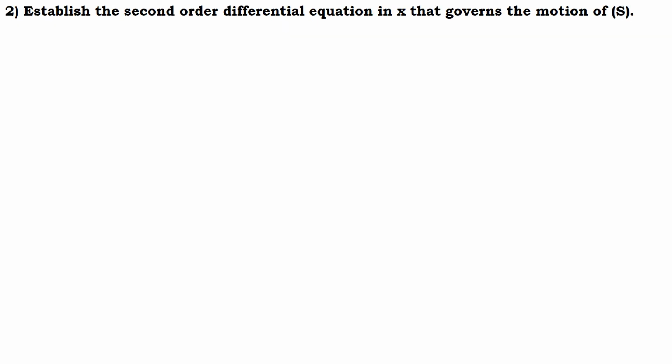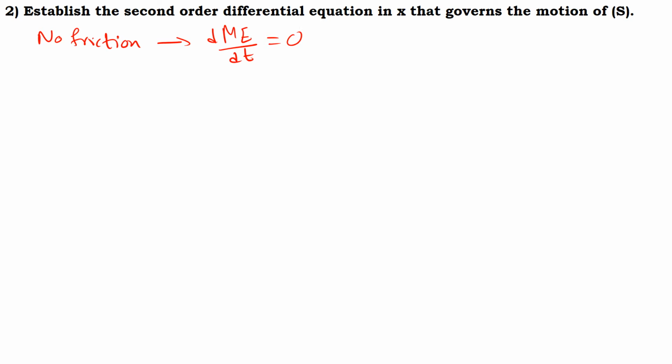Establish the second order differential equation in x that governs the motion of S. First of all, there is no friction. No friction indicates that the change in mechanical energy over time is equal to 0.